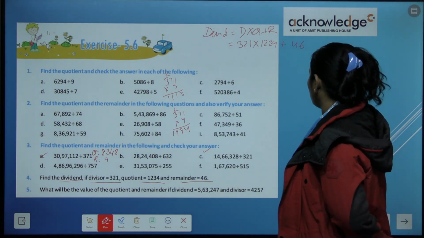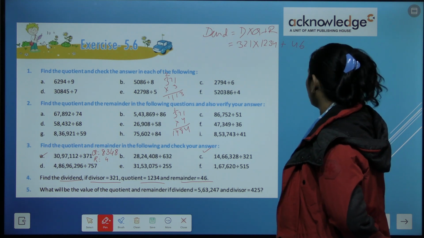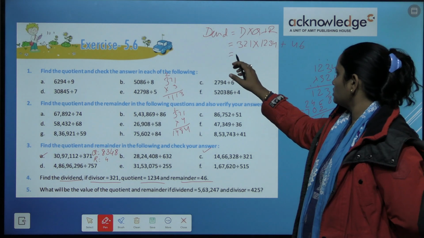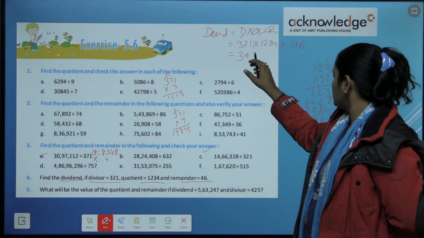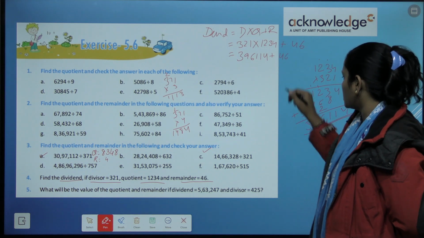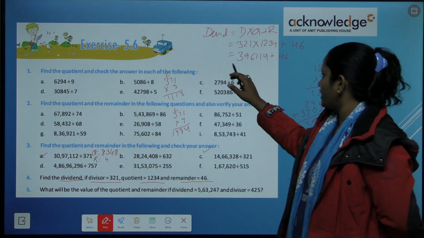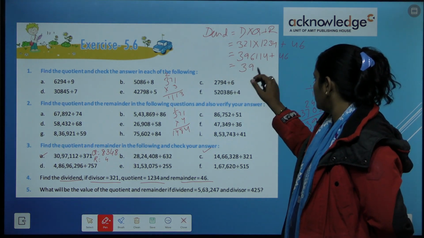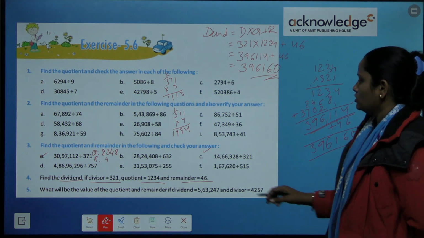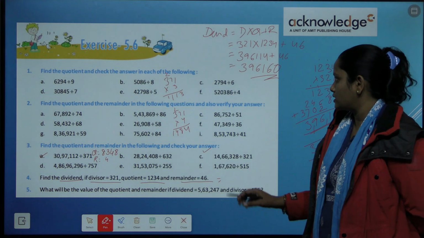So 1234 multiply 321. So this is the answer, 396114, plus 46. So on adding this we get 396,160. So this is the dividend.